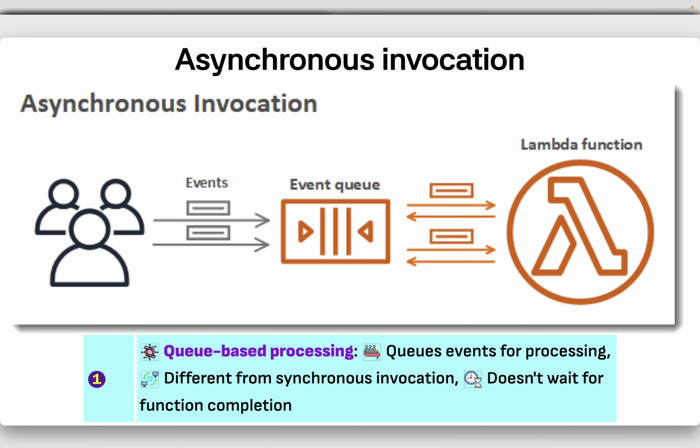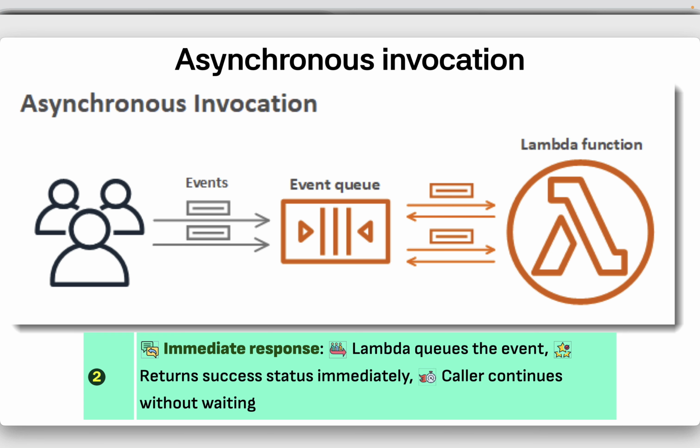So this is the one. Three features I will talk a bit in detail. These are asynchronous invocation, event source mappings, and destinations. So first, asynchronous invocation. This in AWS Lambda queues events for processing without waiting for the function to complete, unlike synchronous invocation, which waits for a response.